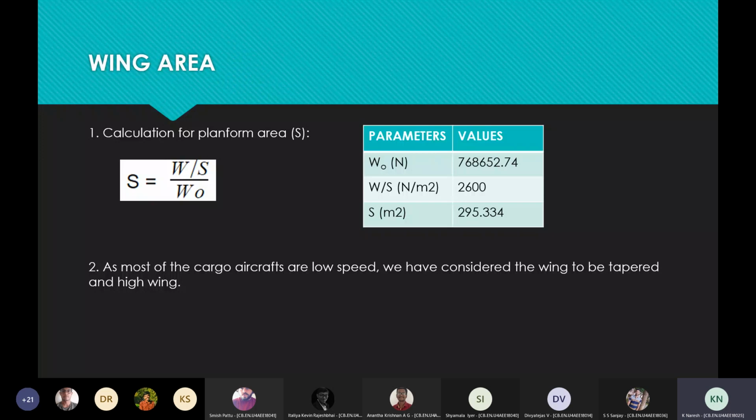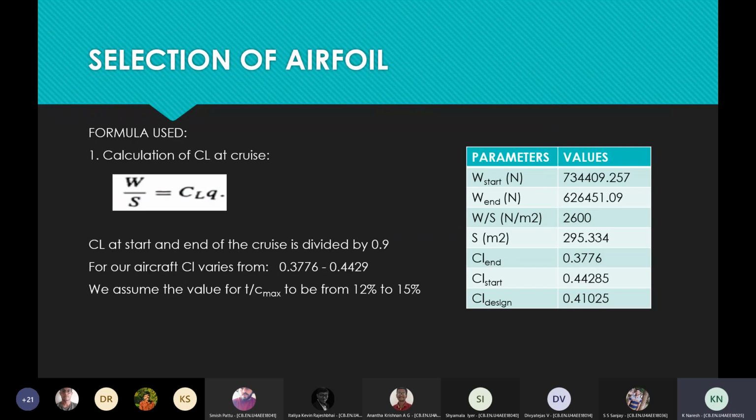Comparing it with our reference aircraft, we considered our aircraft to have a high wing and a tapered wing, with a small swept angle. Moving on to selection of airfoil. We used cruise at start and end for the range for CL.